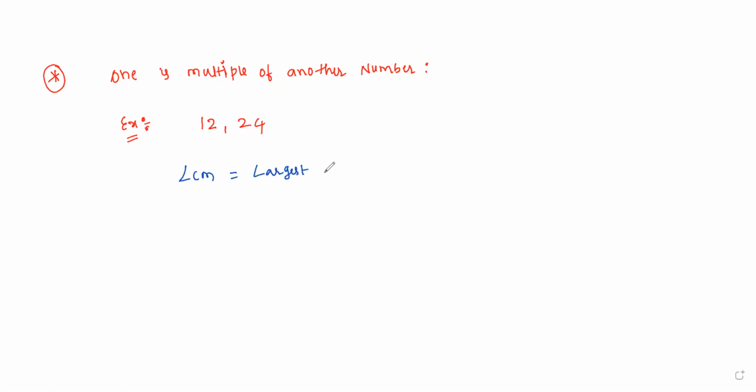Whatever multiple is there, that is the LCM, when the multiple comes like this. And the GCD will be the smaller number. So that means here 24 will be the LCM and the GCD will be 12.